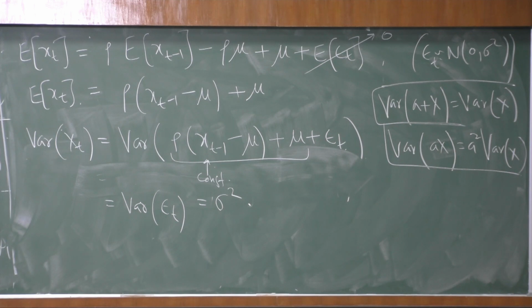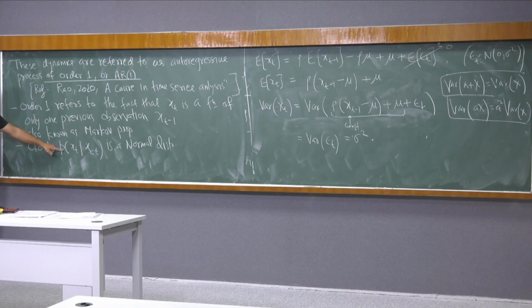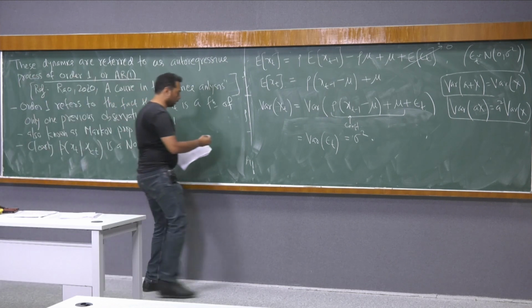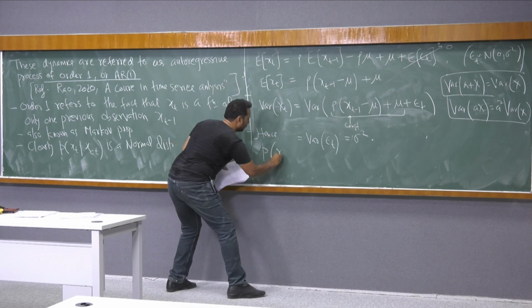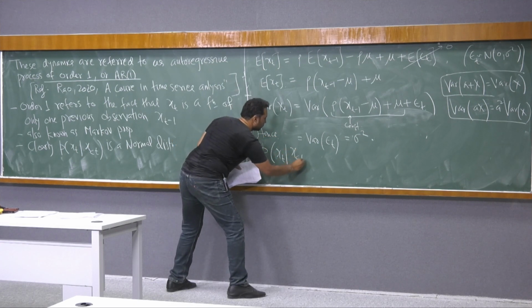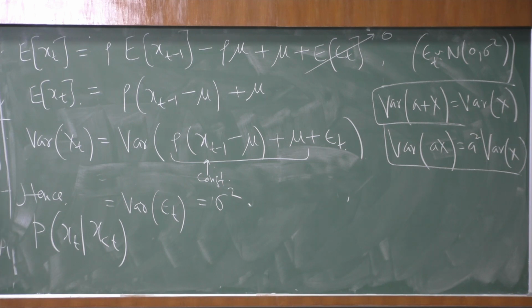So we have computed the mean and we have computed the variance. Now we can write down the conditional distribution of xt given everything seen up to t minus 1, and that's a normal distribution. In our case we are looking at just t minus 1, though in this notation we are writing it like this.